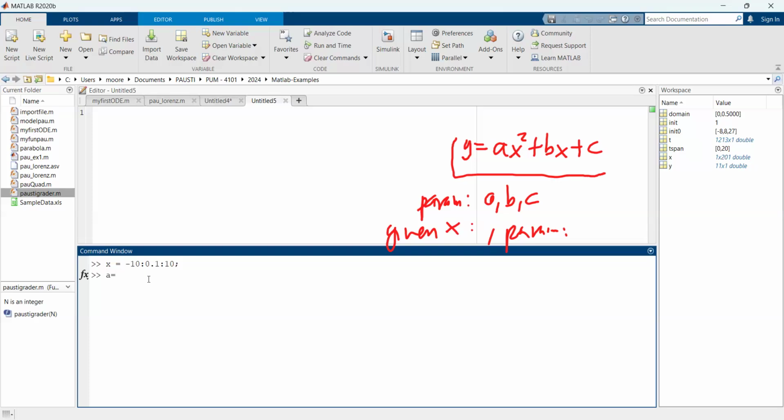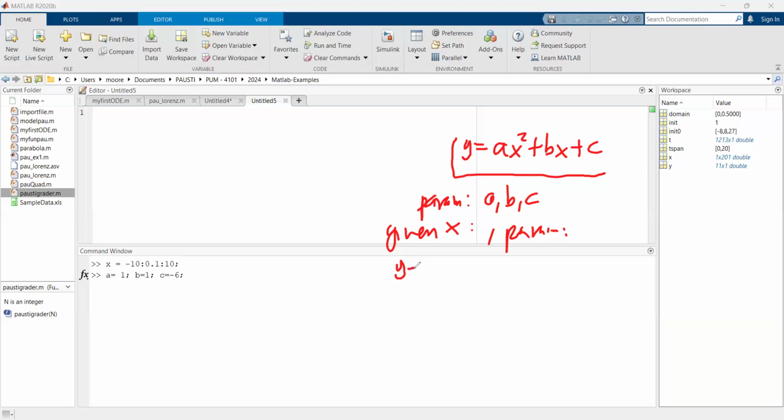My a is 1, my b is plus 1, and then my c is, let's say, minus 6. So basically, here I'm trying to plot an equation of y is equal to x squared plus x minus 6.